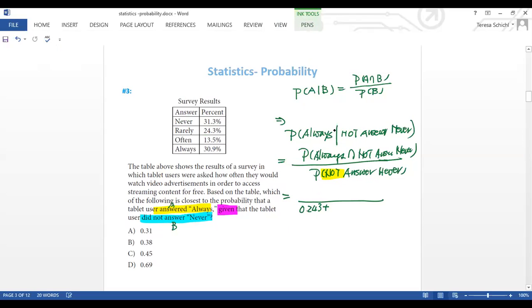So it's 0.243 plus 0.135 plus 0.309, right? Okay, so this 3 is not never. And now, the top is always intersect not never.